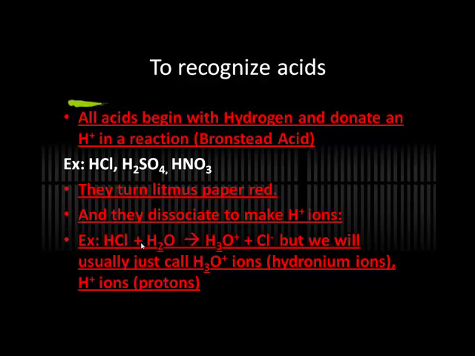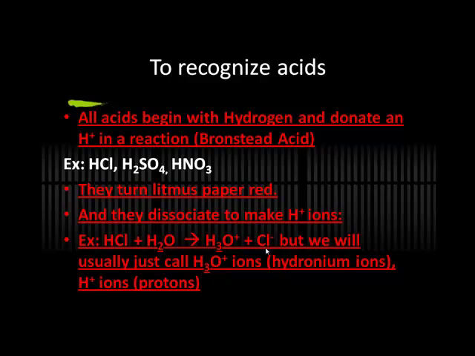Equation-wise, we would say it's mixed with water, H2O. When this happens, the hydrogen part of the HCl actually chemically bonds to the H2O, and you get this weird H3O ion. It's called hydronium. And then you have the Cl minus left over.